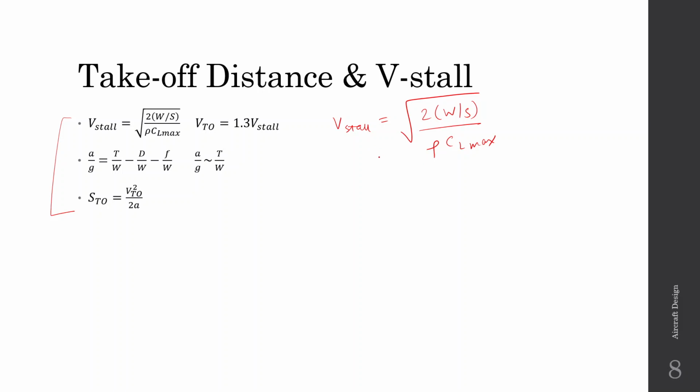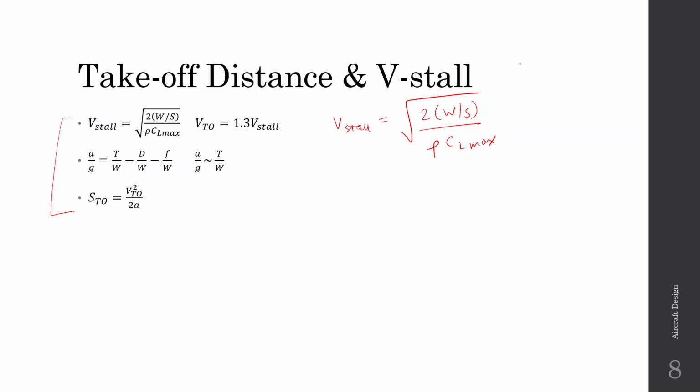So if you know the vstall, let us say that the vstall requirement is given somewhere, or there is some specification which is mandated by aviation authorities, then you can invert this equation to find the wing loading also.